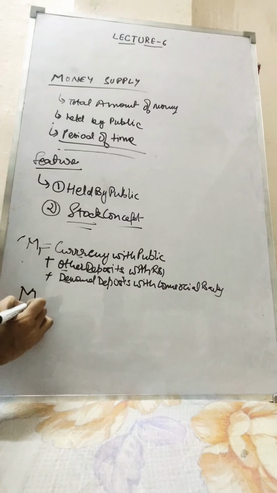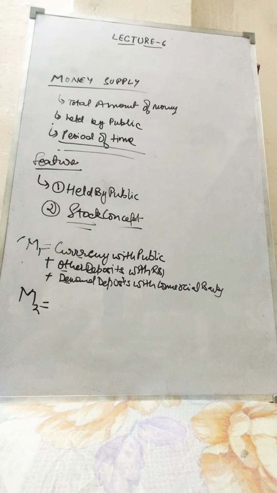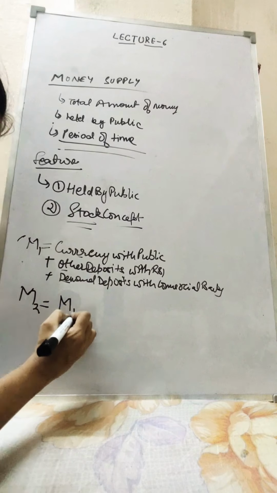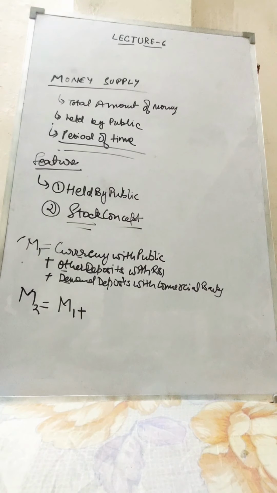Now coming to M2. M2 is nothing but an additional addition to M1. So the formula becomes M1 plus, listen to me very carefully, savings deposits with post office savings bank. Post office savings bank is another branch of the government.